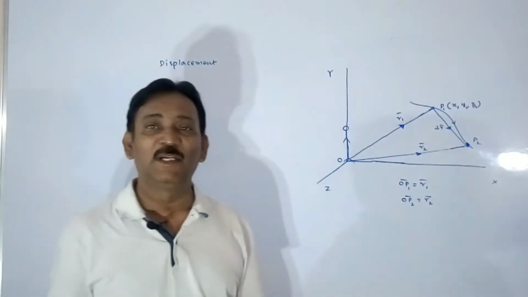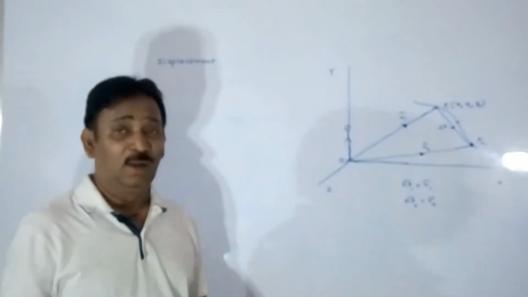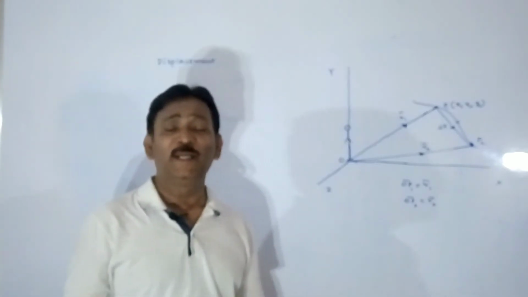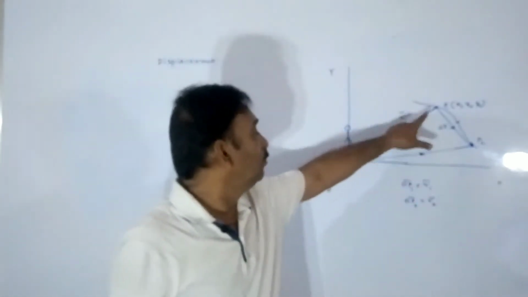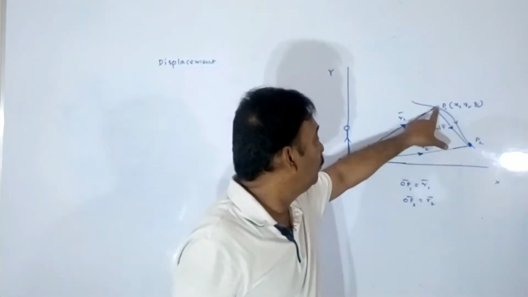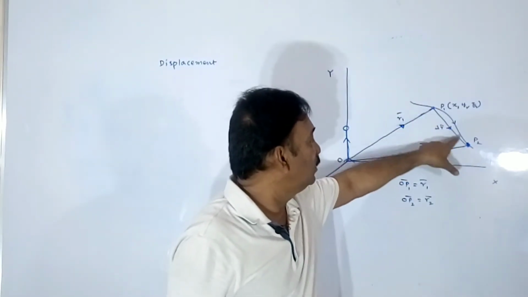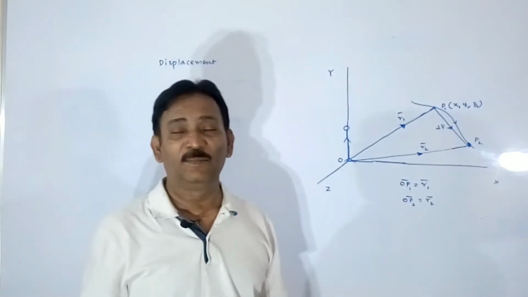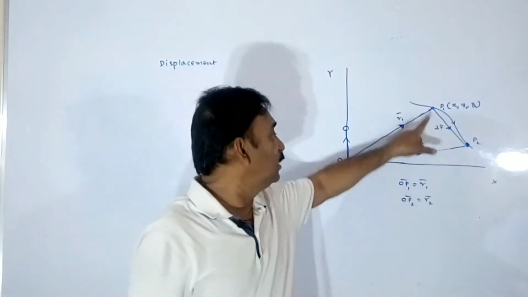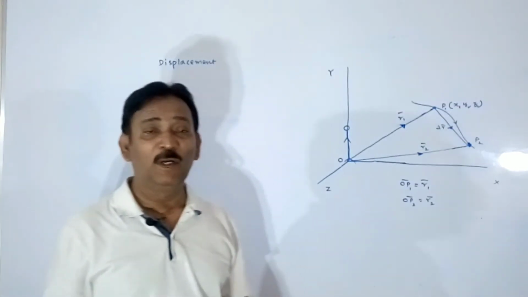What is the displacement here? You learned that displacement is the shortest measured length between the 2 points. Obviously, the shortest measured length between the 2 points is this one, a straight line. I represented it as delta R. It is the shortest measured length between the 2 points.